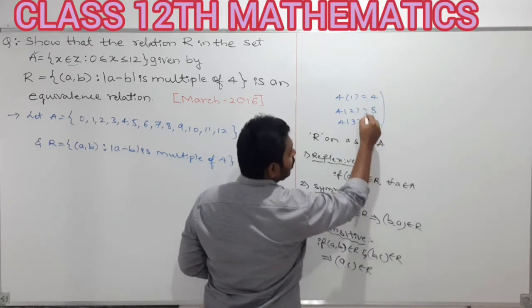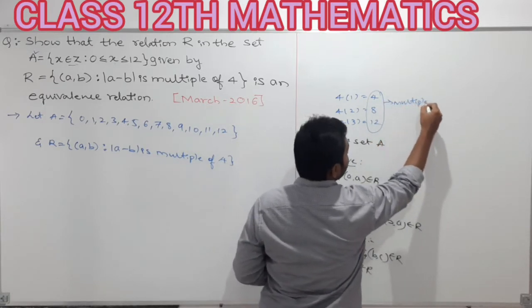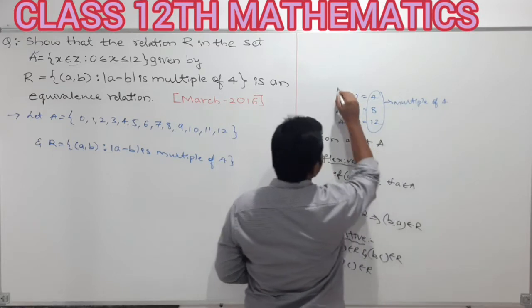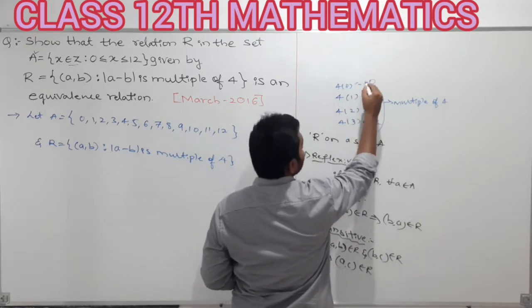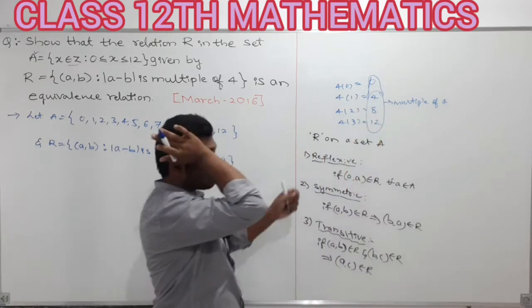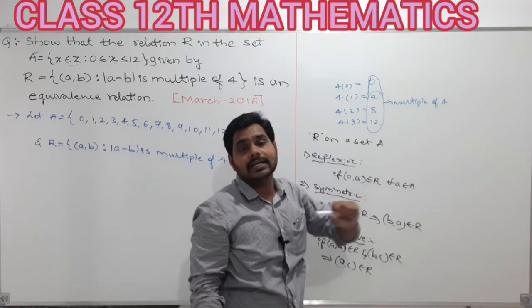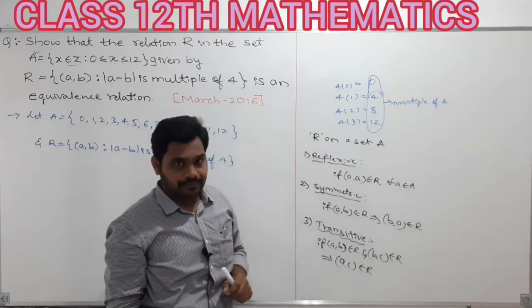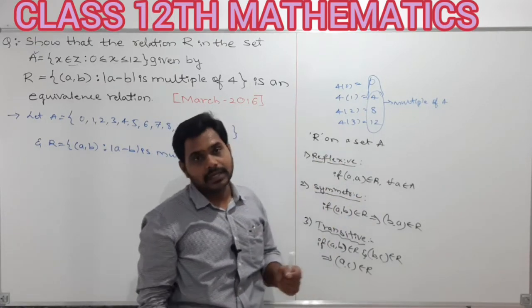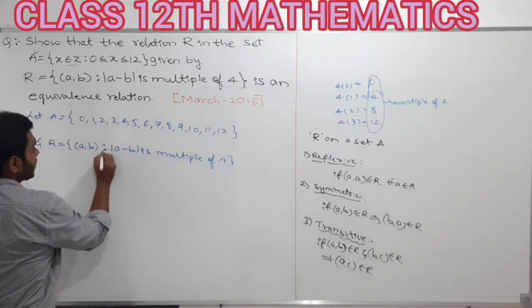So these we can call multiples of 4, and 4 into 0 is equal to 0. So all these numbers 0, 4, 8, these all we can call multiples of 4. It is nothing but the table. Clear?